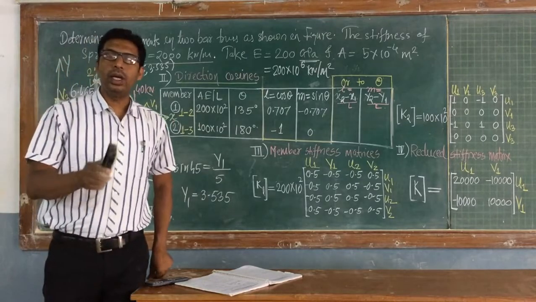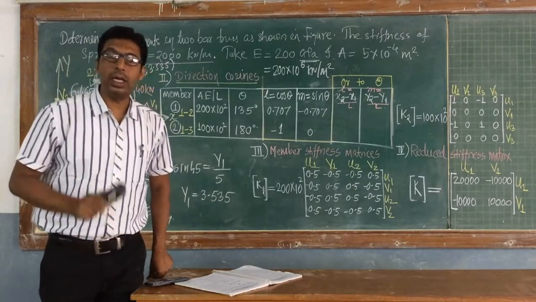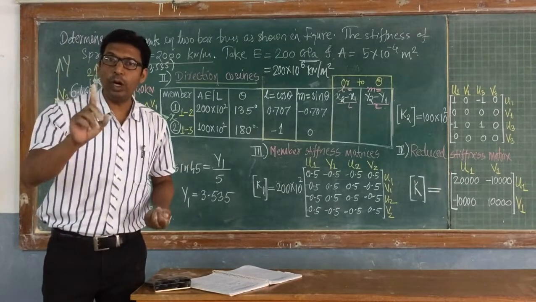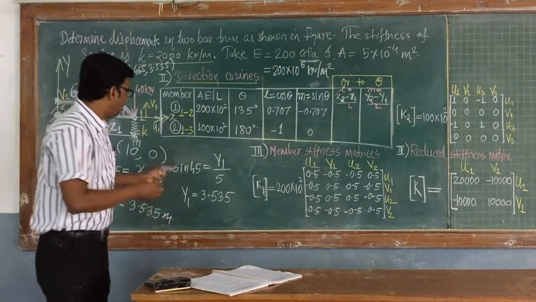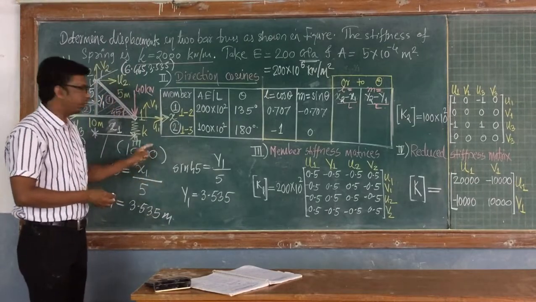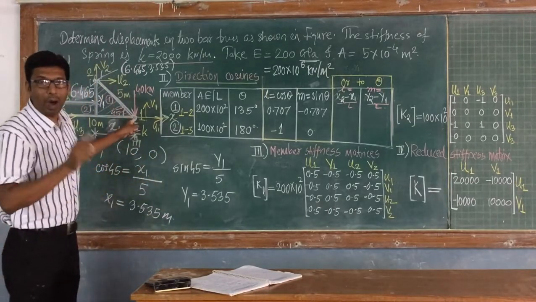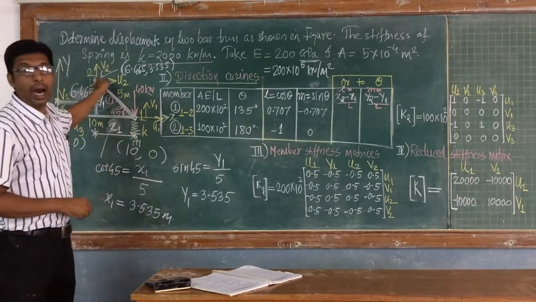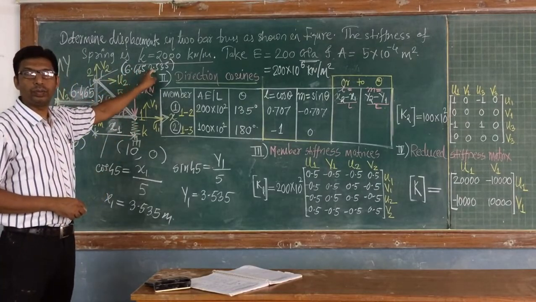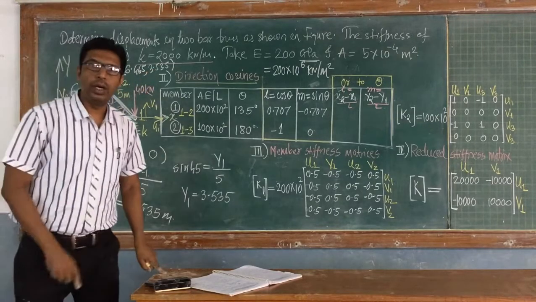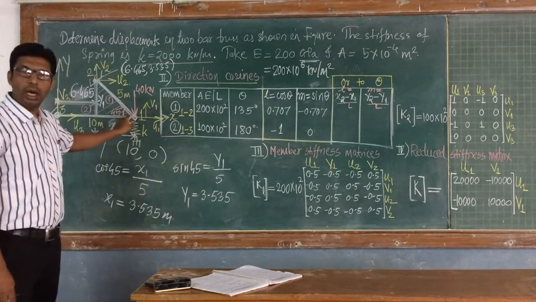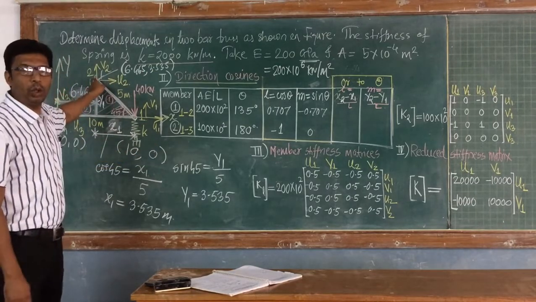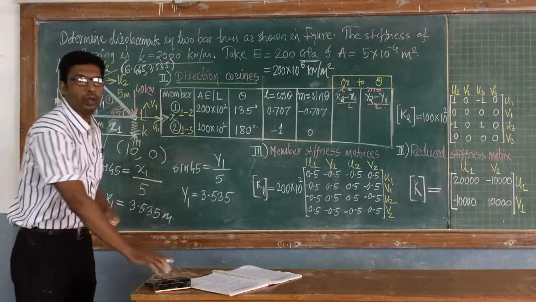It means joint number 1 is the first joint and joint number 2 is the second joint. So coordinates of joint number 1 are x1, y1, and coordinates of joint number 2 are x2, y2.